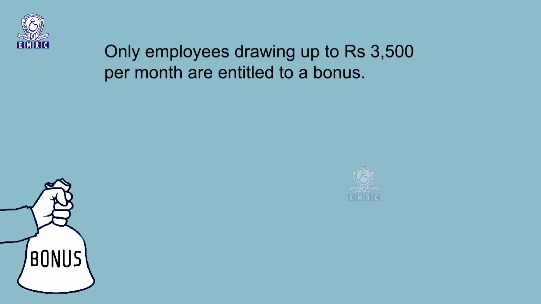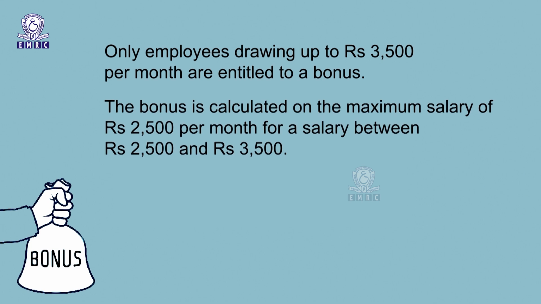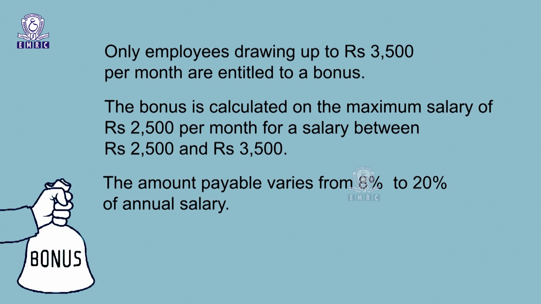Only employees drawing up to Rs 3,500 per month are entitled to a bonus under the Act, but the bonus is calculated on the maximum salary of Rs 2,500 per month for a salary between Rs 2,500 and Rs 3,500. So, the amount payable varies from 8% to 20%. 8% is minimum and 20% is maximum of annual salary. However, the normal practice is to pay some amount ex gratia to employees drawing above Rs 3,500 per month also.